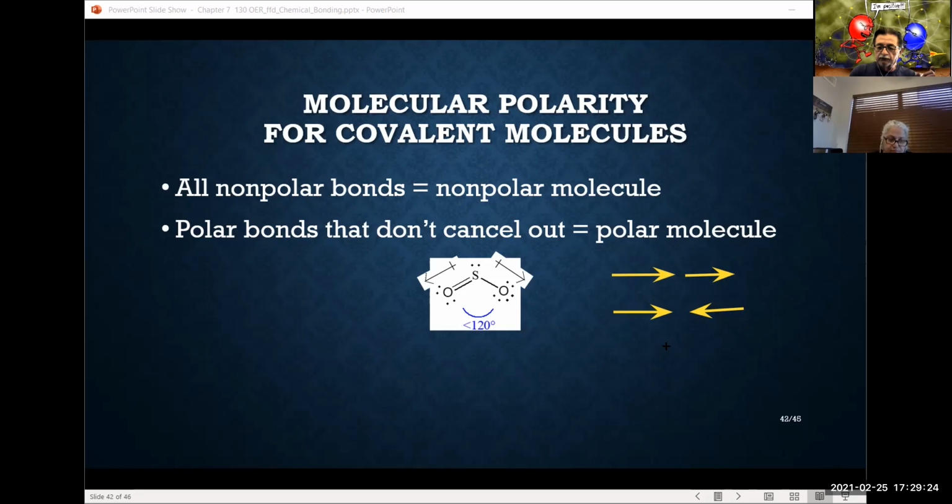I can do the same thing if I went the other direction. One goes to the left, one goes to the right. The one on the left goes in the negative direction value. The one on the right goes in the positive direction value. In both cases, the net equals 0. They cancel out. That's true for both of these.